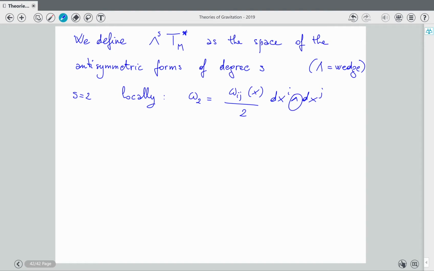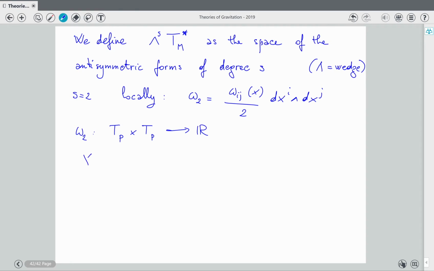Many times the wedge will never appear, so it will be understood if you find it missing. That's what it is. And this is a map that acts on the Cartesian products of two tangent spaces. So a pair of derivations instead of one vector field, a pair of vector fields, and goes into R. Precisely like a one form acts on one derivation and gives you a real number, omega 2.